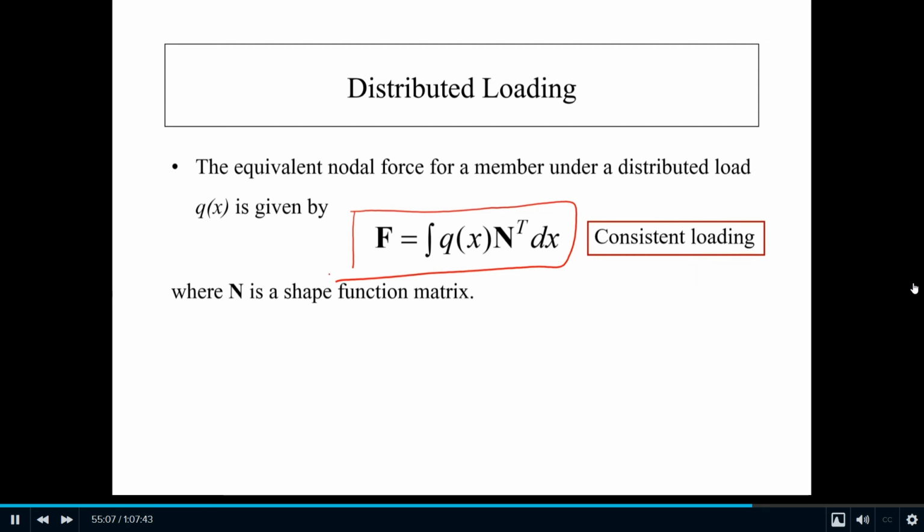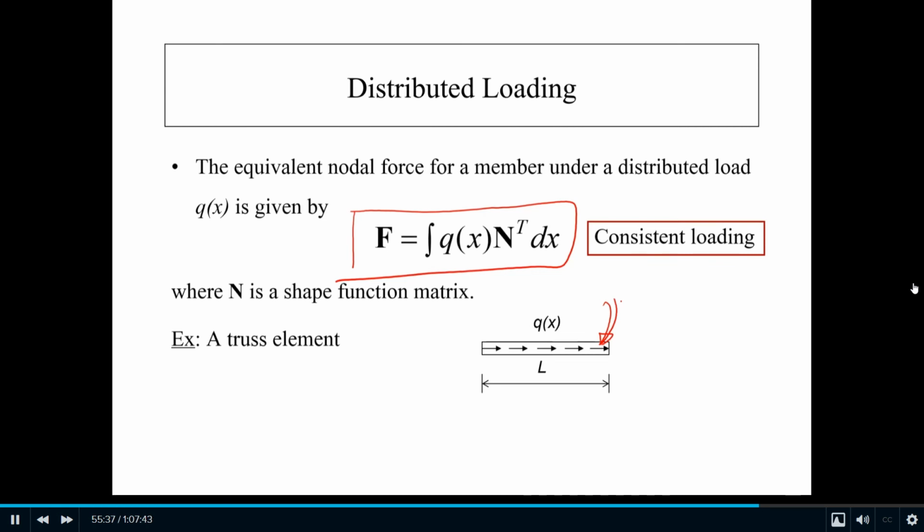In some books this is called the consistent loading. For example, if you have a truss element and you have an applied force Qx distributed along the element length, and you want to solve it using the FEM.